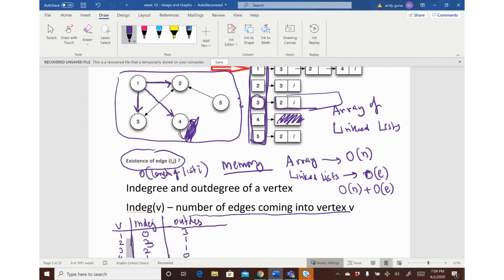Okay, so someone said 1, someone said 2, someone said 1. Okay, so it looks like 1 is kind of winning. Do you think 1 is the most important web page here?